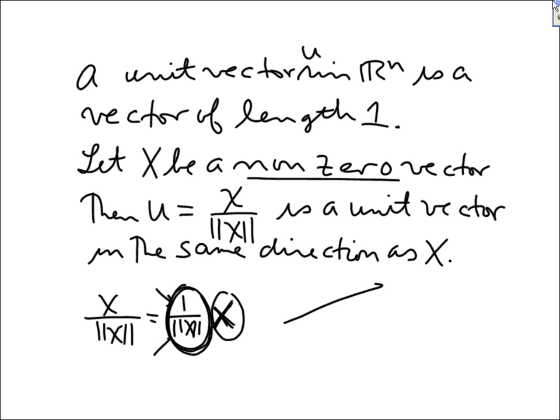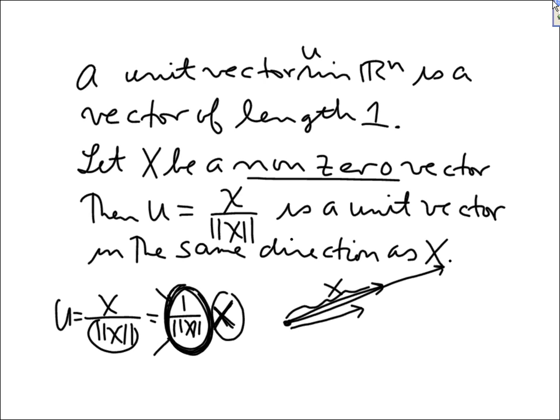Like if this is x and 1 over the length of x is more than 1, then that new vector will just be longer. If 1 over the length of x is less than 1, then that would be the new vector u.